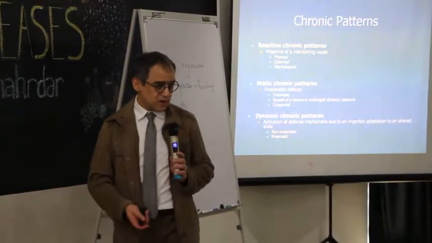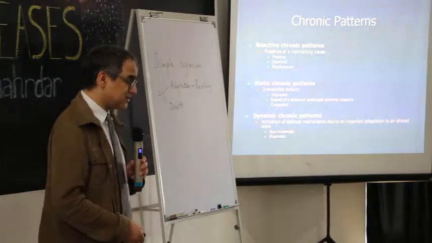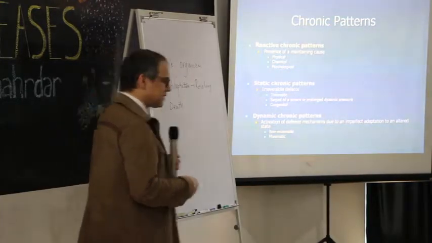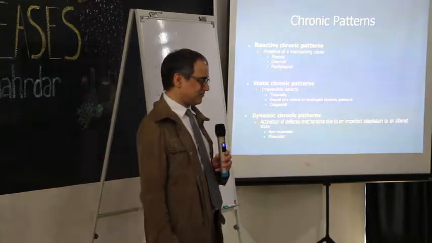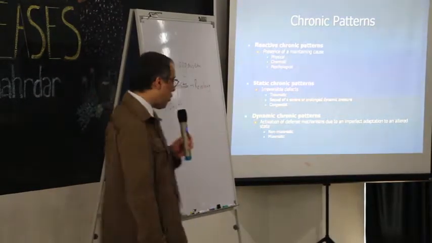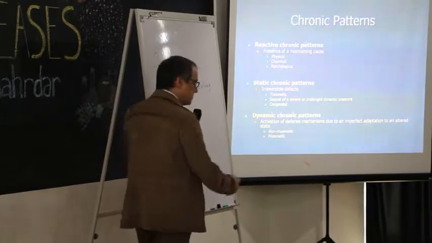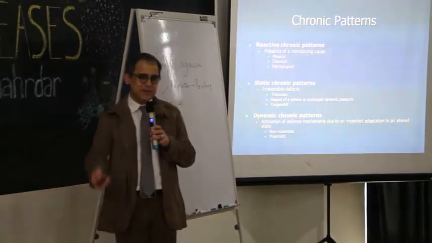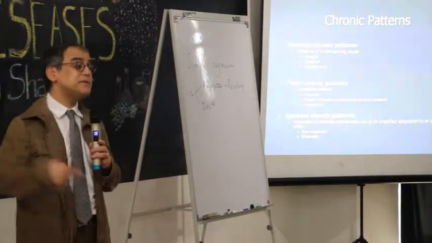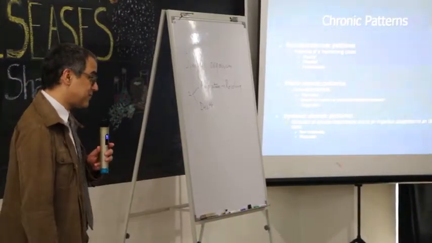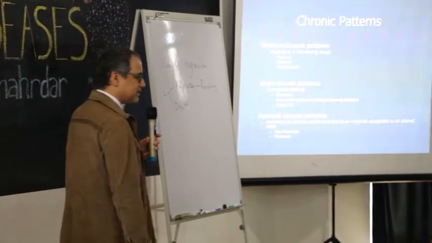Infections. You know, according to Hahnemann, miasms are infections. Why can they be deep? Why can they be obstacles? Because infections can go deep into our organism and change our organism.